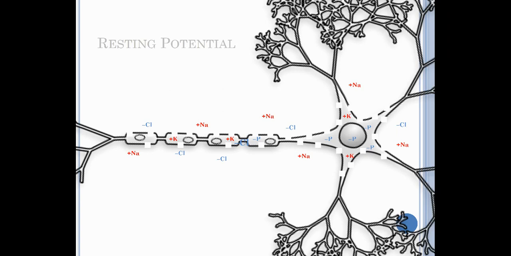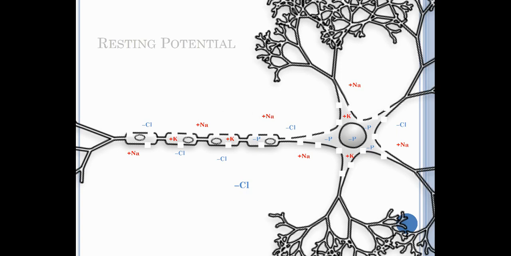However, negative chloride ions are negatively charged, so the negative charge inside the neuron will repel them. In fact, these two forces exactly balance each other out such that the negative chloride ions do not cross the cell membrane when the neuron is at its resting potential.